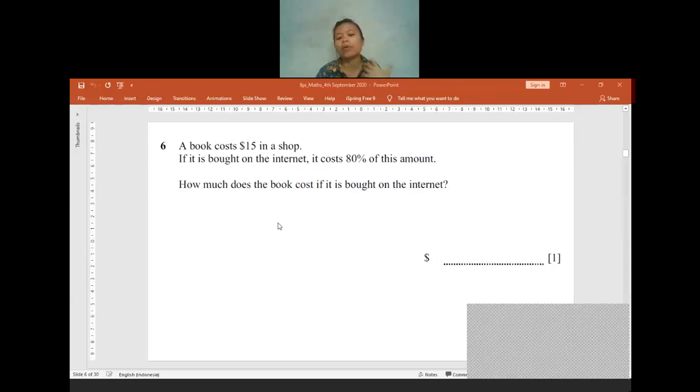So the number of questions will vary, but the total will be 50 marks. But today I give you a paper with only 45 marks because I only take the questions from book 7. It's not the complete Cambridge Checkpoint paper.